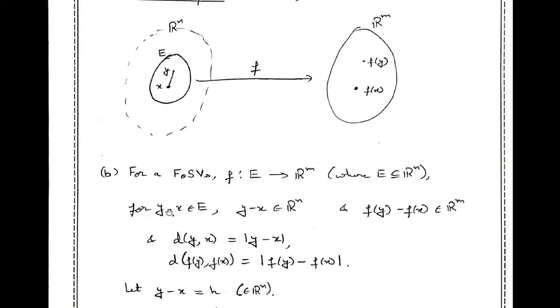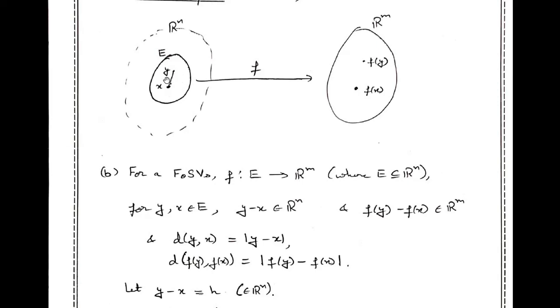When we say y and x are in E, they are in Rn also, which is a vector space as we discussed. So what will be the difference? By the vector space property, the difference will also be in Rn. x and y are in Rn because they are in E, therefore their difference is also in Rn. But I can't say their difference is also in E. For that, I would have to satisfy algebraic properties, etc. I am not assuming that E satisfies those properties.